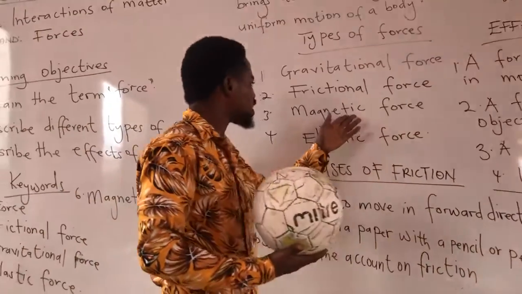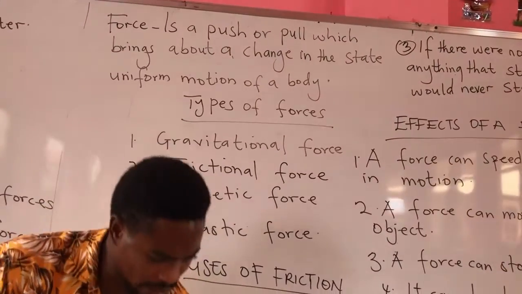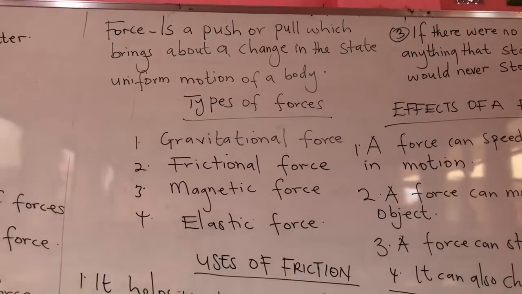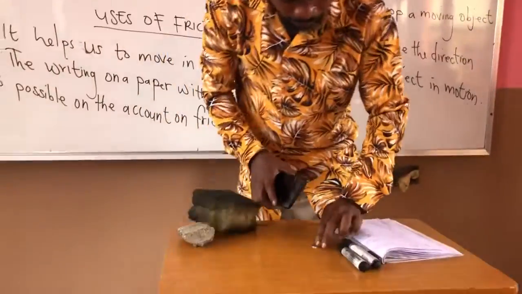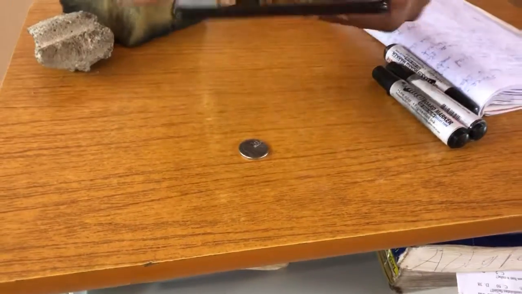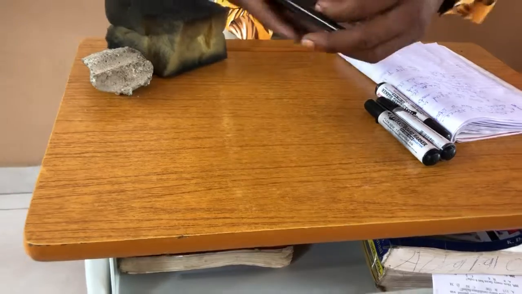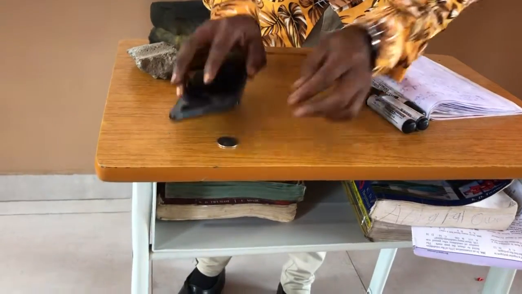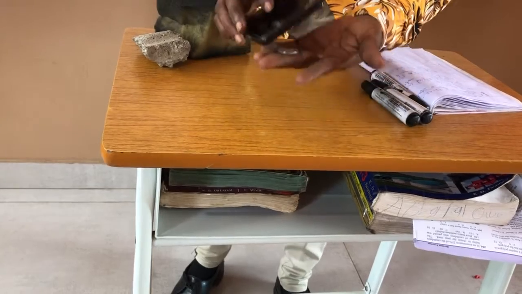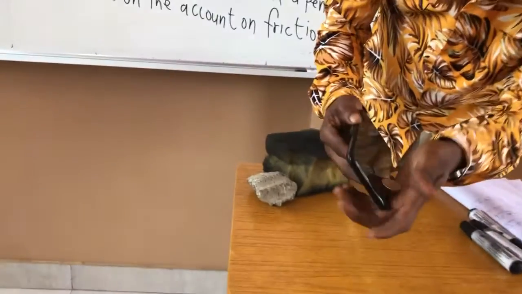Now the next one is magnetic force. Magnetic force is a force that attracts. For example, look at this. There is a magnet here that will attract to this.